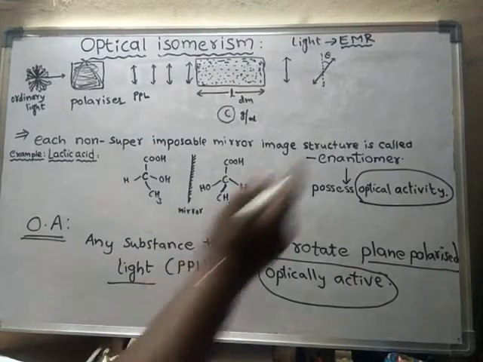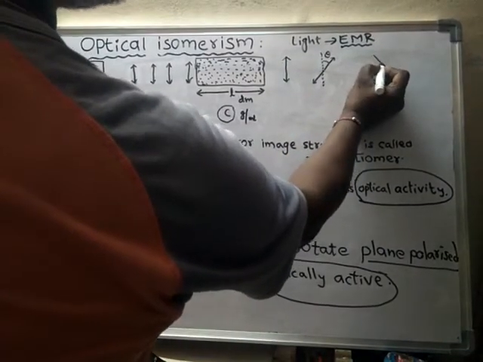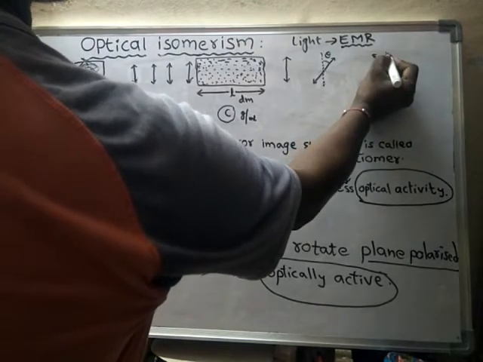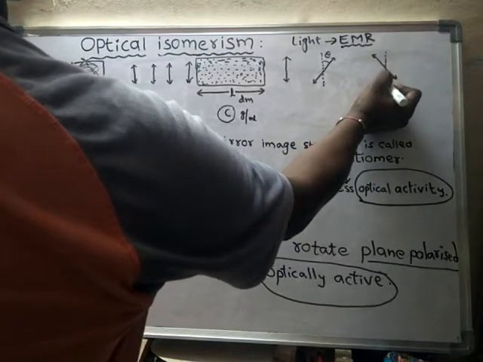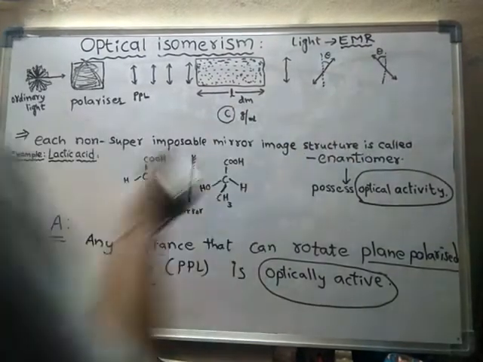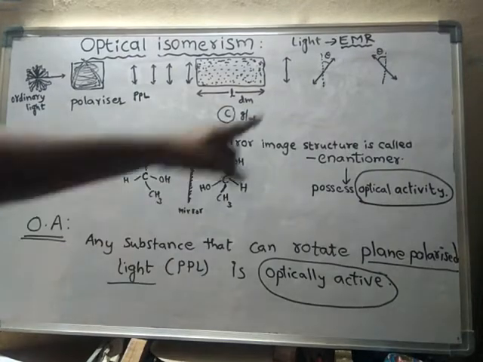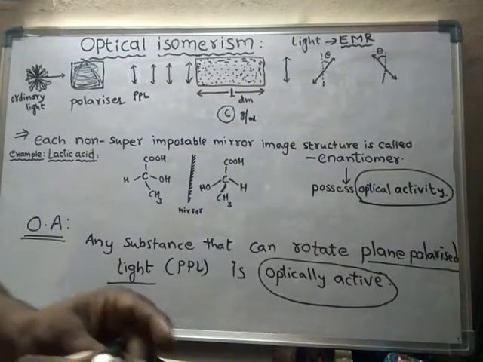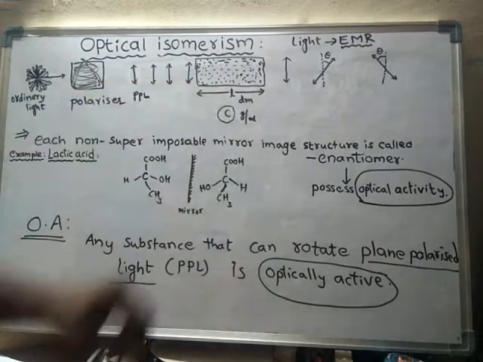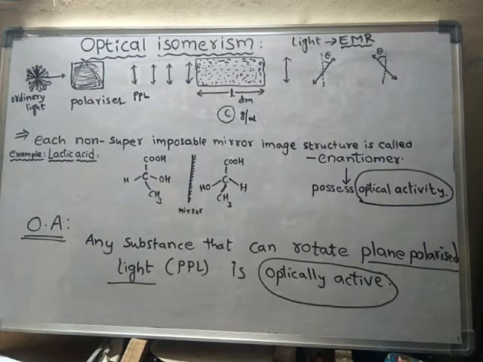Or else it may be rotated anti-clockwise by an angle theta. So any of these three things may happen when plane polarized light is passed through a compound.